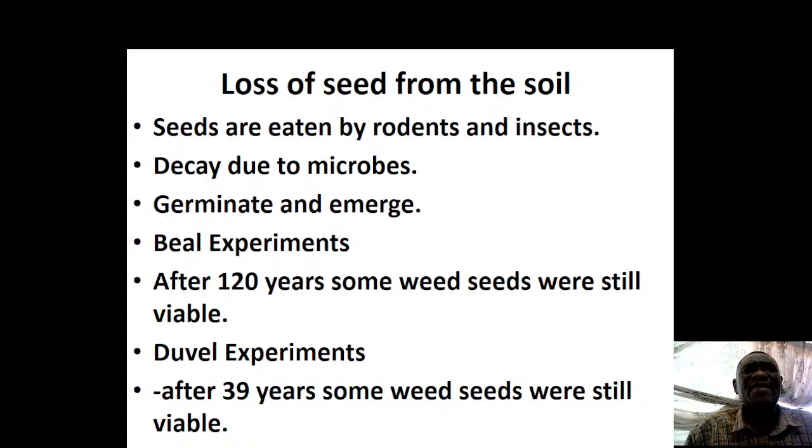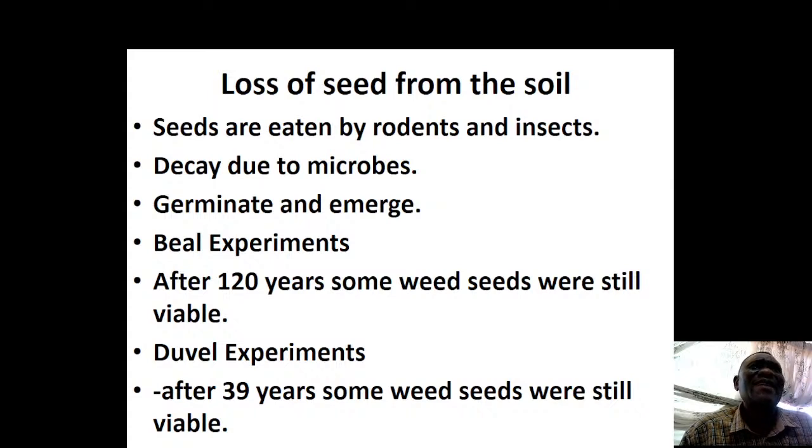Certain experiments referred to as the Beal experiments have indicated that there are some weed seeds which can last for 120 years and can still be viable, stored in the soil.